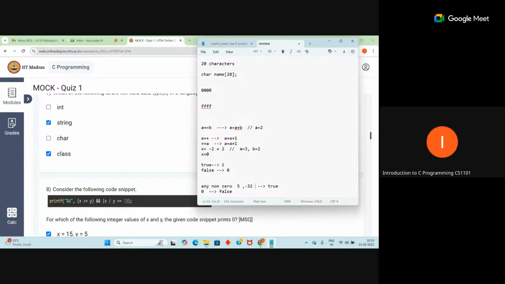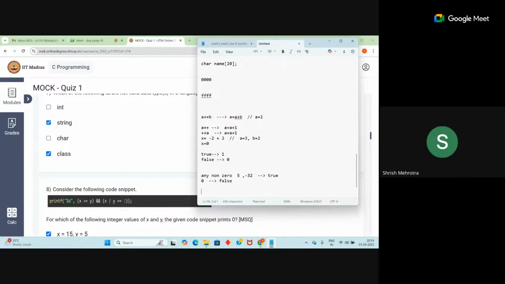Any value which is not 0 is treated as true. 0 is treated as false. When it needs to return the true or false value to us, to say that it is true, it will return 1. To say that it is false, it will return 0. Okay. So remember this. And why is every non-zero value true? Like in the C language, that is the notation it will follow.